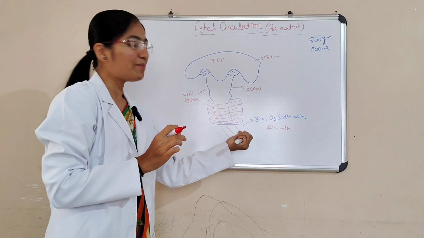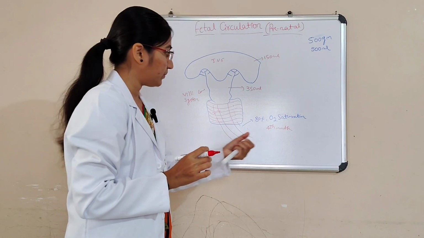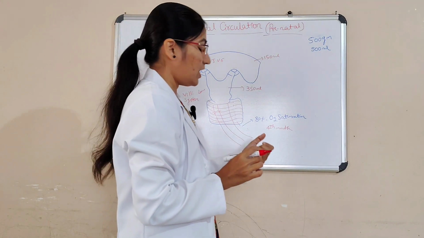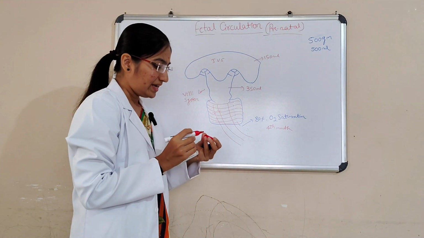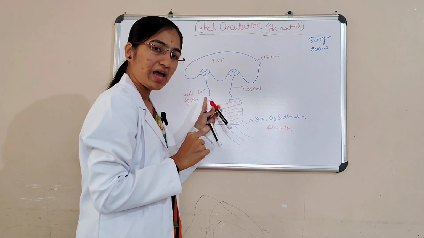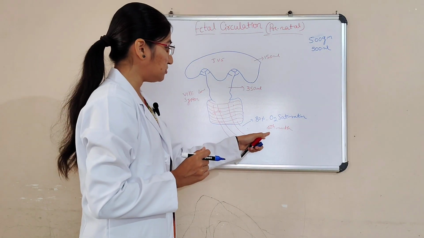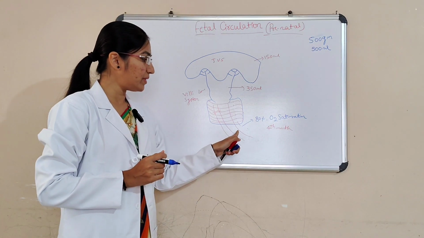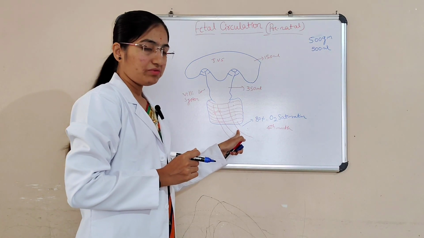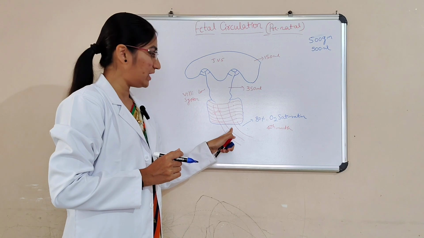Only the left umbilical vein is remaining. It carries blood from the placenta to the fetus. It disappears in the fourth month, and one umbilical vein is remaining, that is the left umbilical vein.